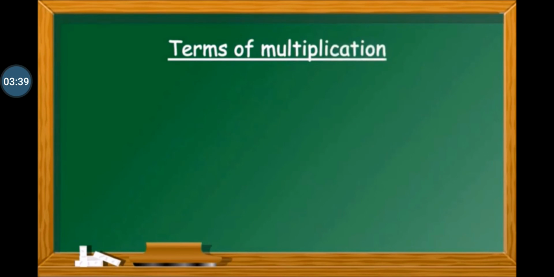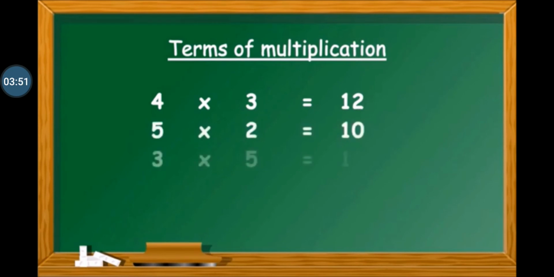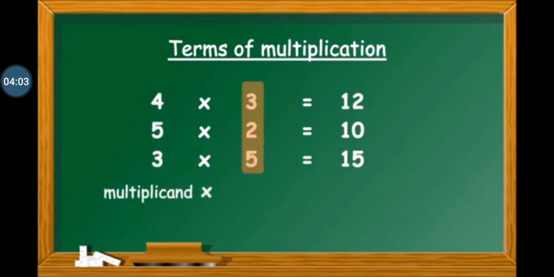Now let's come towards the terms of multiplication. As we have already discussed, the terms are the names of the parts of a question. So here we have the multiplication statement and each number has a different name. The first one is called the multiplicand, and the number that is written after the multiplicand is called the multiplier.